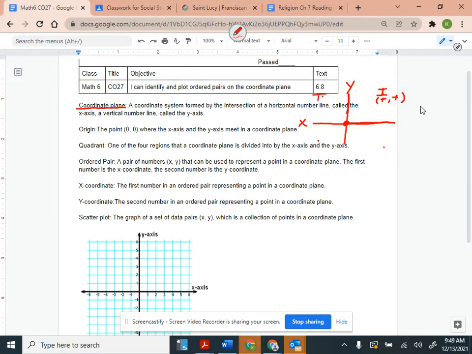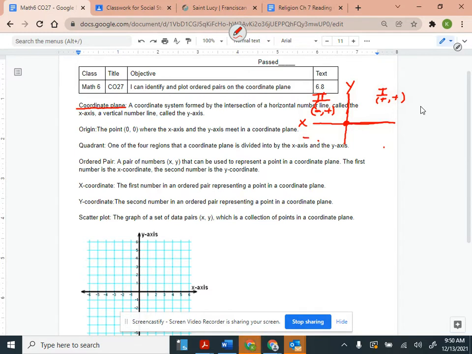In quadrant 2, we have negative x. Put it down here. So the x is going to be a negative number going to the left of the 0, but our y's are still going up, so those are still positive.